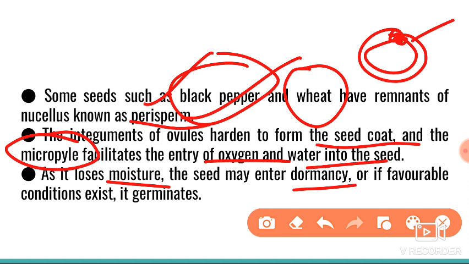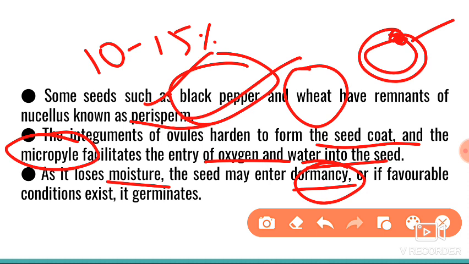It means they are inactive for some period, metabolically inactive. Such a time we call the dormant period, because seeds lose water until only 10 to 15% of water remains in the seeds. That is useful for the dormancy condition.